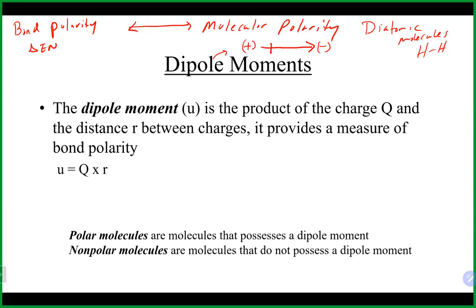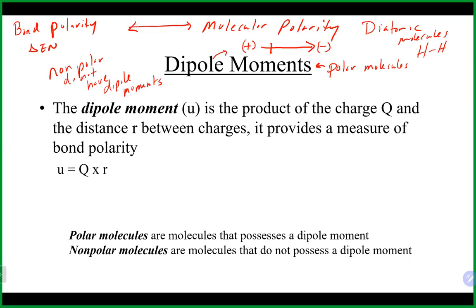And we also use basically the same arrow to indicate, in the entire molecule, which side is more positive and which side is more negative. Only polar molecules have dipole moments. Non-polar molecules do not have dipole moments.